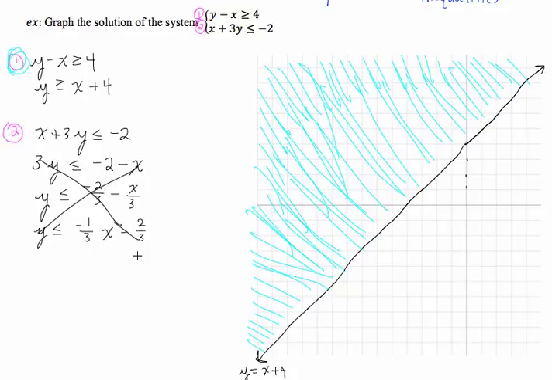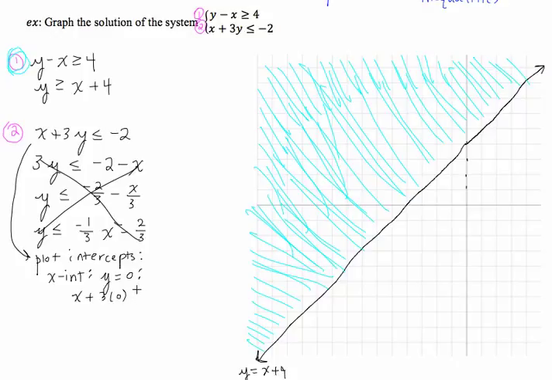Let's graph this one by plotting its intercepts. That might be an easier way to do it. So remember, the x-intercept occurs where y equals 0. So if I plug in y equals 0, I'll have x plus 3 times 0 equals, I'm going to change this because I'm graphing the line, to an equal sign, negative 2. So 3 times 0 is 0, that goes away.